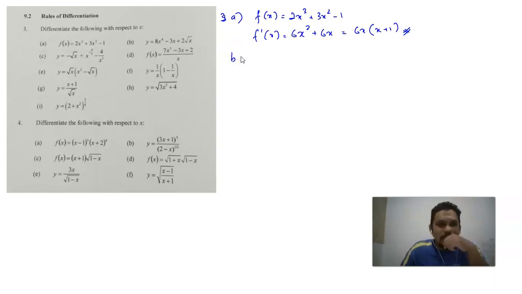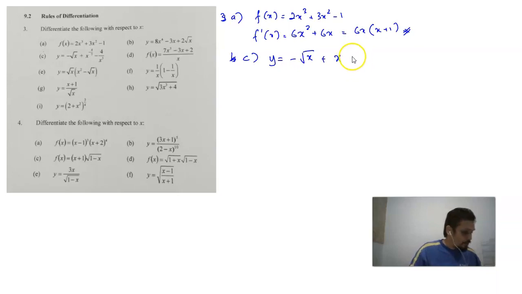Okay, I don't think I'm going to discuss all the questions one by one, but let's see which example is a little bit different from the others. Let's say C. Okay, question C. y equal to negative square root of x plus x to the power of negative 4 over 7 minus 4 divided by x cubed.